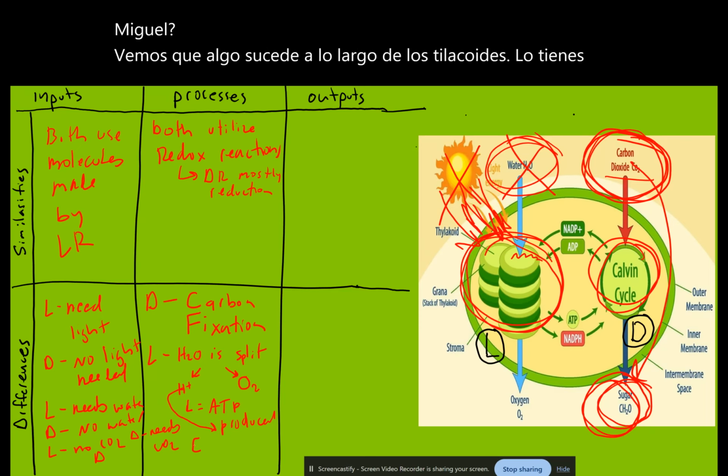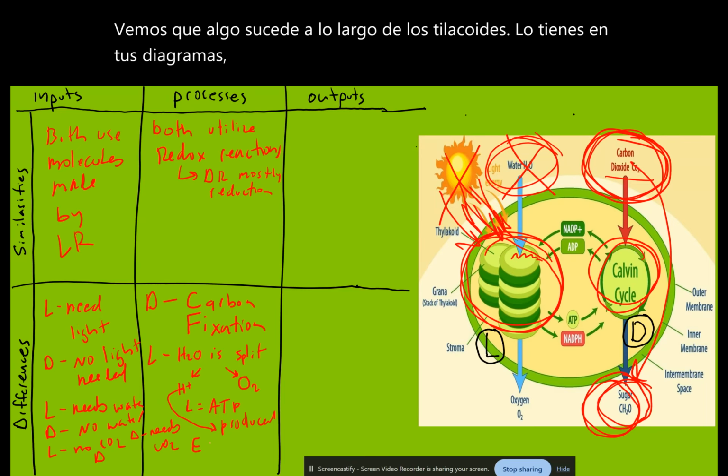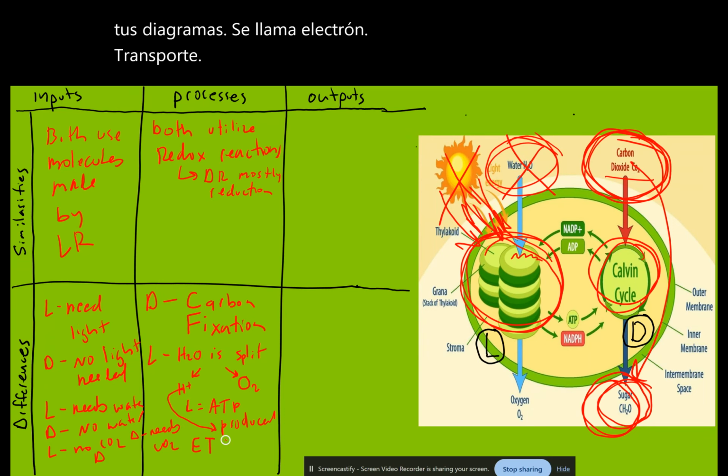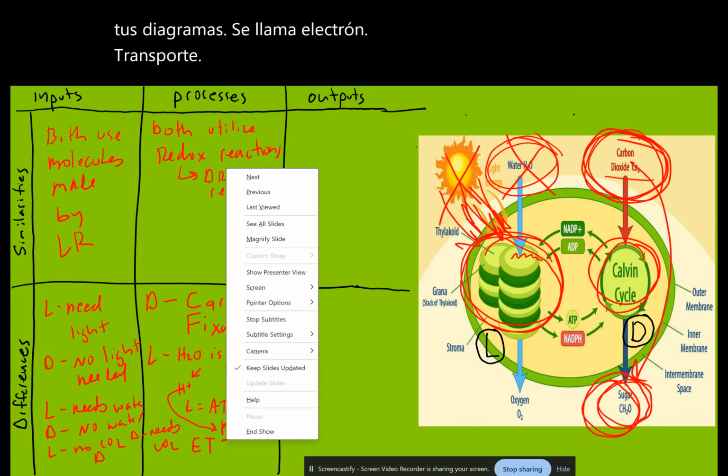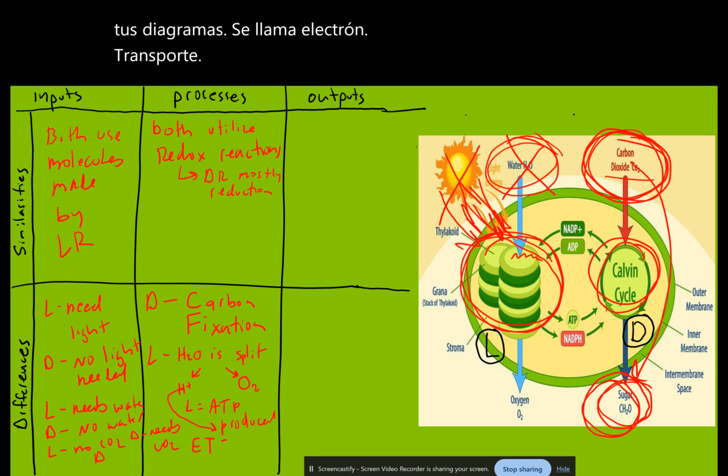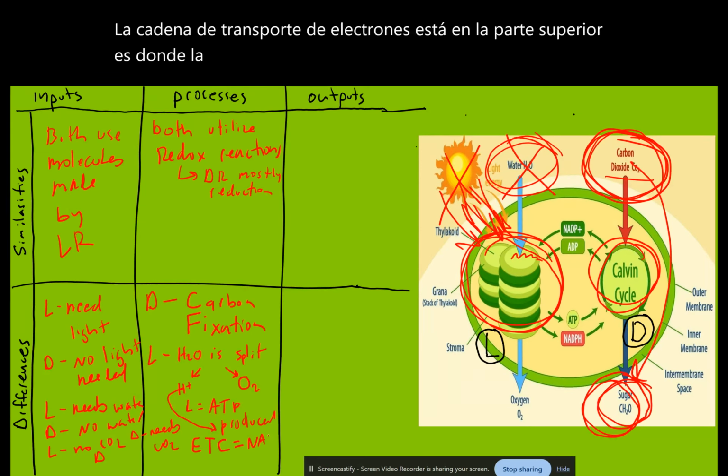It's called the electron transport chain. It's at the top is where we drew it. And that's where your NADPH is made. Okay, so that's a lot going on.